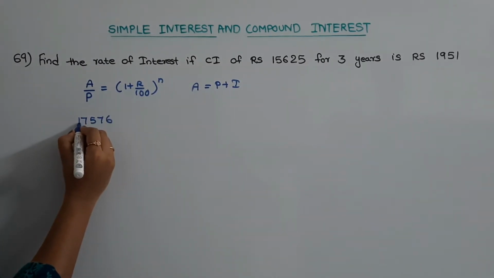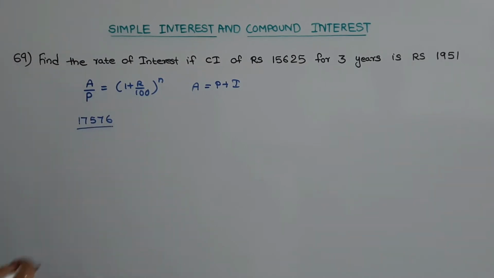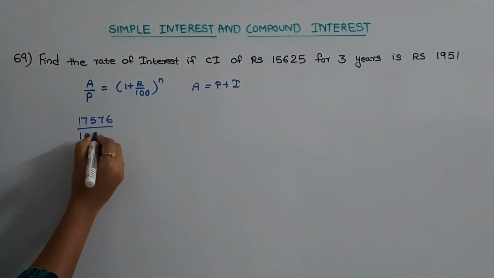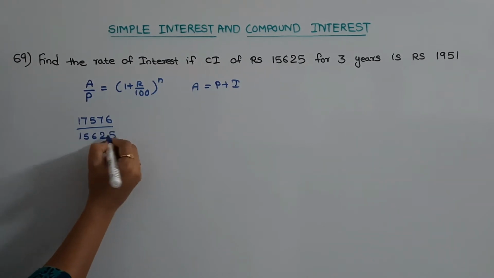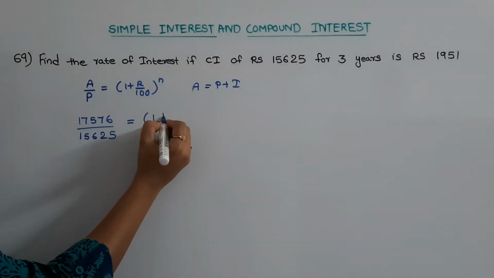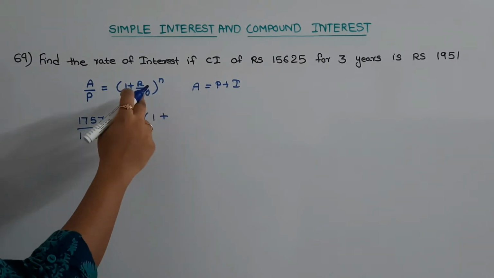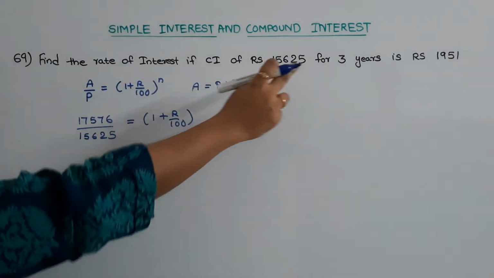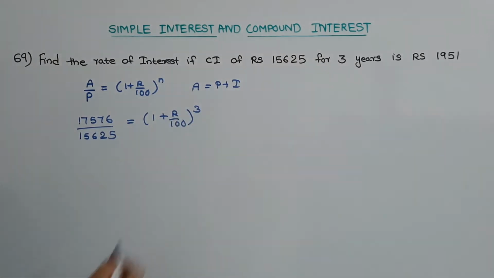So amount is 17,576 and the principal is 15,625, that is equal to (1 plus R by 100) whole raised to N. N value is given as 3.